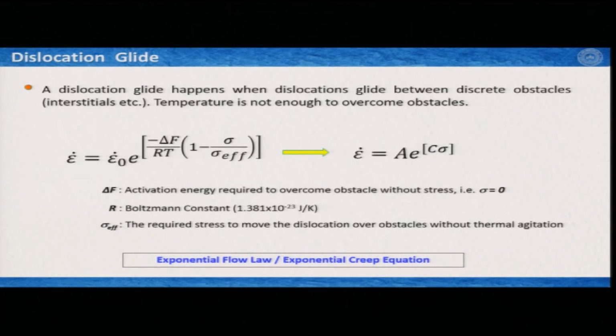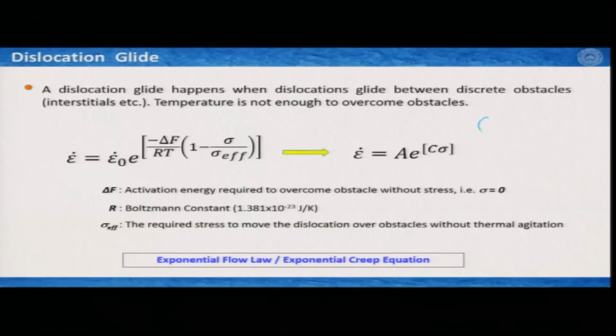I personally prefer the book of Poirier, so you can check that book and see how the equations are derived. But my aim here, by showing these equations, is mostly to explain what the relations are between the strain rate and stress in these equations.